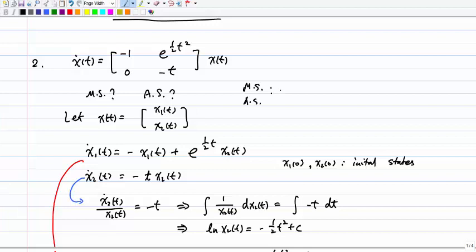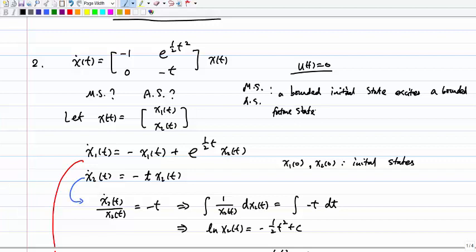Marginal stability means that with no input, your input is 0, a bounded initial state excites a bounded state in the future. That is called marginal stable.